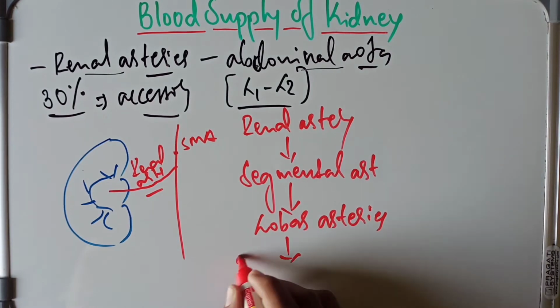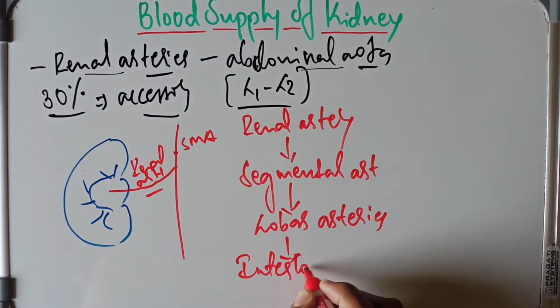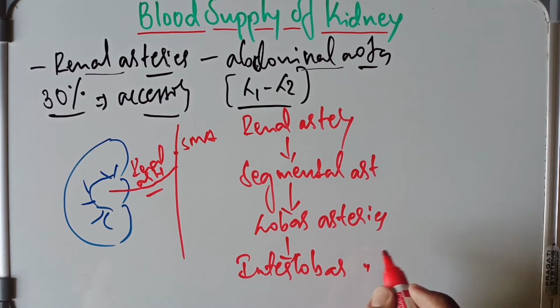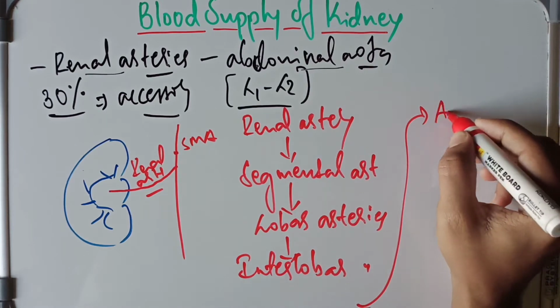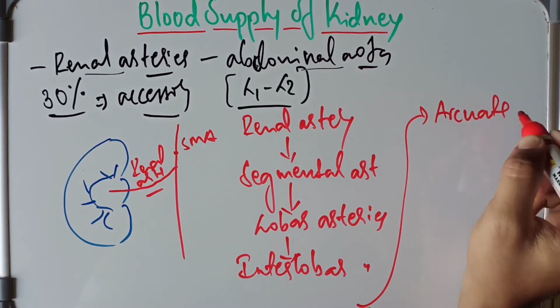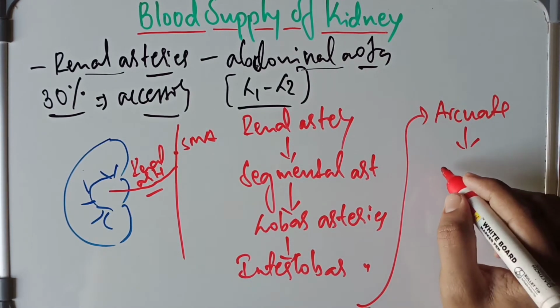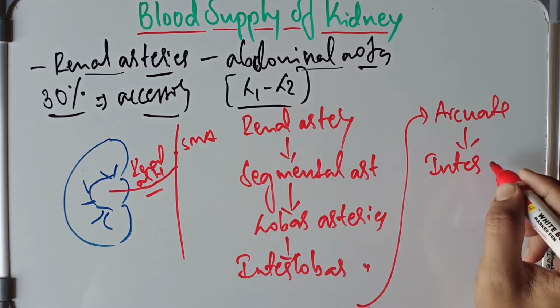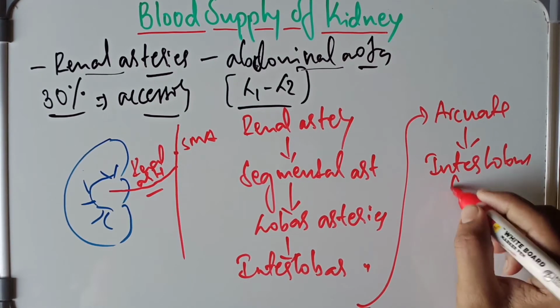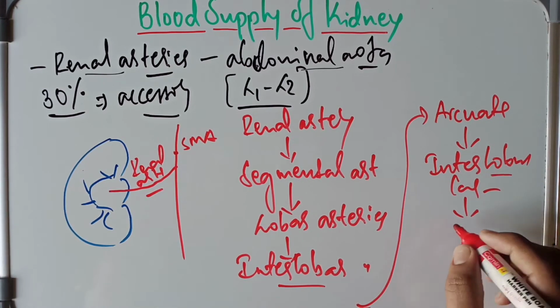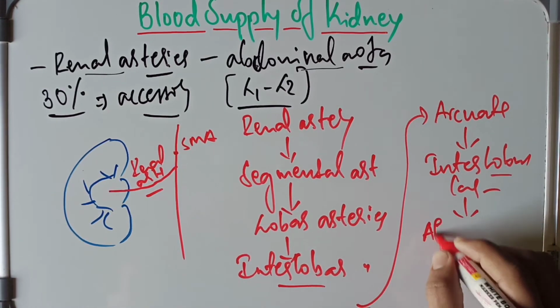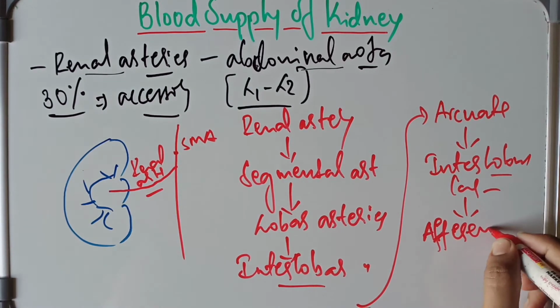From the lobar arteries we have the interlobar arteries, and from the interlobar arteries we have arcuate arteries. Arcuate arteries will further divide into interlobular arteries, and from the interlobular arteries it finally gives rise to the afferent arterioles.